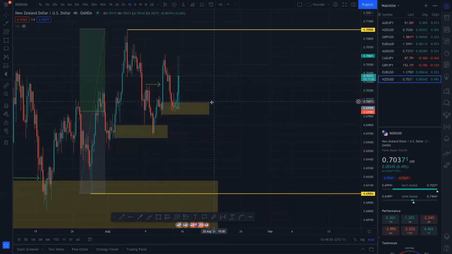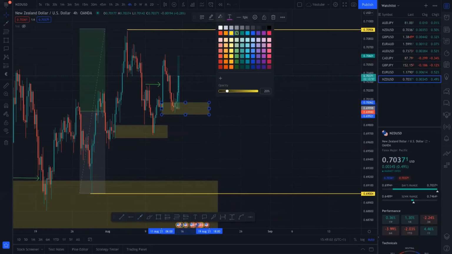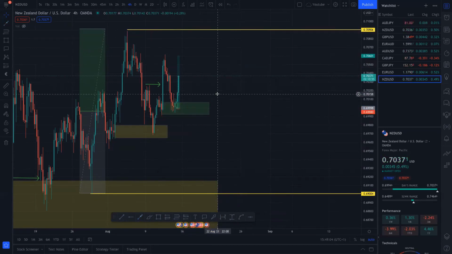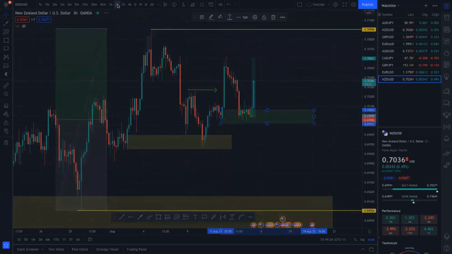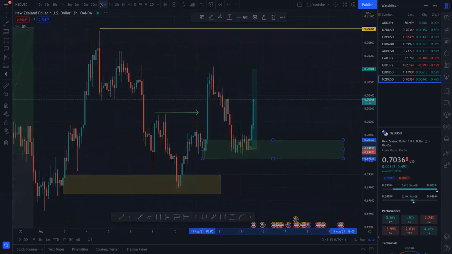So today, let's make it green. We'll go down the time frame and refine this order block. This is a second video on how to refine an order block. This is how we refine: 3 hour, 1 hour, 45 minutes.